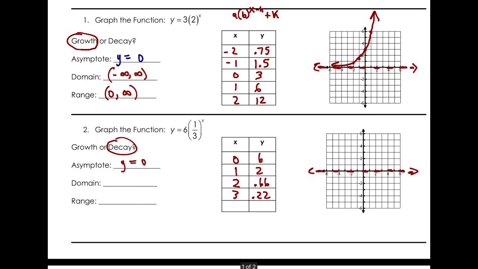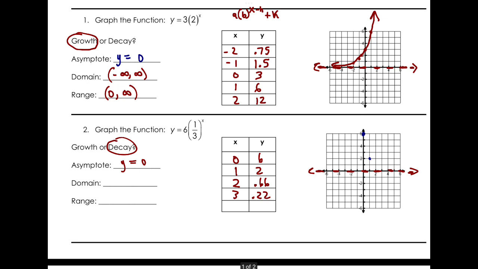And change colors this time for the graph. Okay, so we go to 0 on x and then up to 6 on y, which is right there. Next, I'm going to go to 1 on x and up to 2 on y, which will be right there.